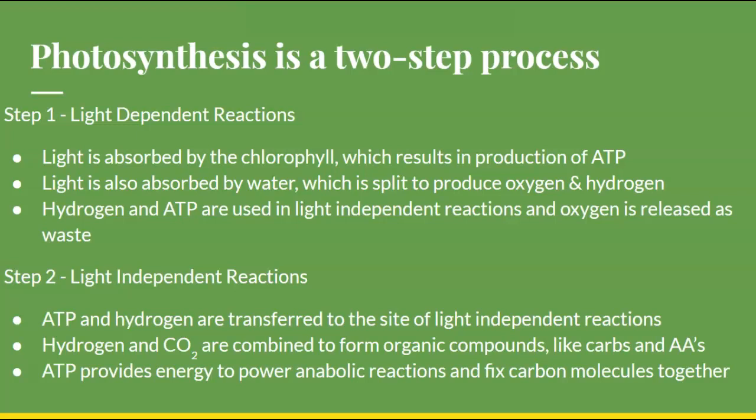When the ATP is there, it fixes the carbon molecules together to be able to build up these polymers like carbohydrates, and amino acids will be formed into proteins. So all of this is necessary to do all of these sort of like behind the scenes reactions that plants need just to survive, but it is broken down into 2 very distinct steps.